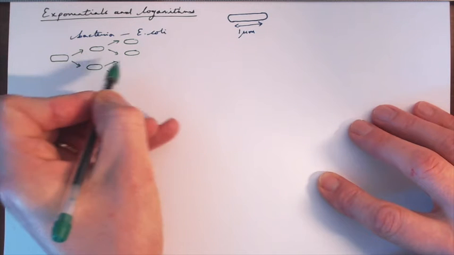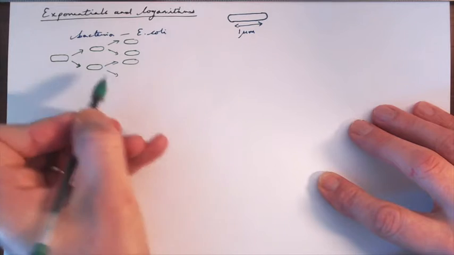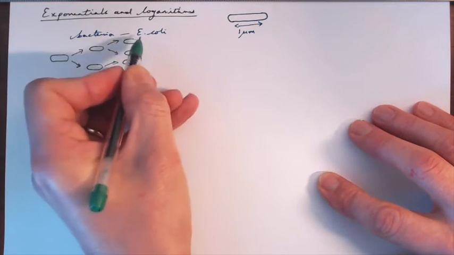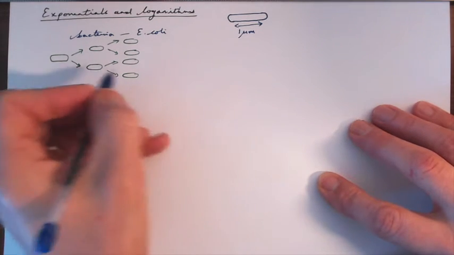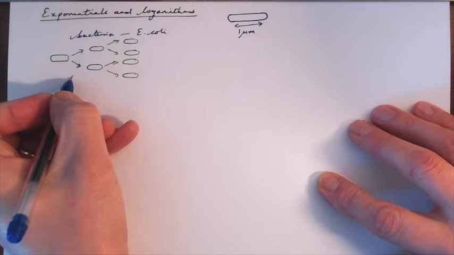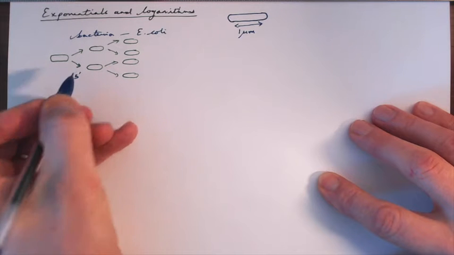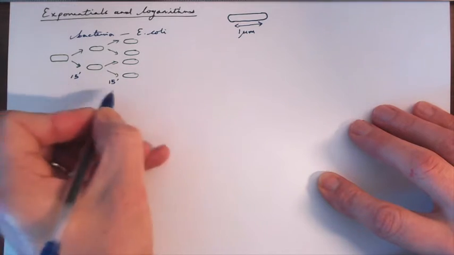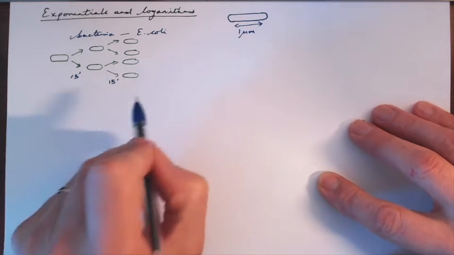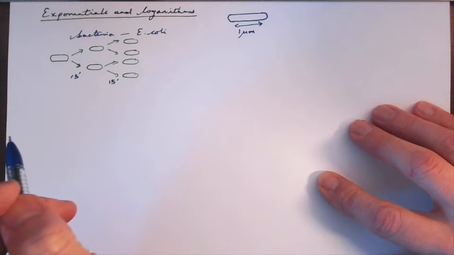We go from 1 to 2, from 2 to 4, and so on. And for the sake of argument, let's say that the time in between doublings is 15 minutes. I think it's a bit longer than that in reality, but not much longer. But this is a convenient time to choose because it fits nicely into 1 hour.